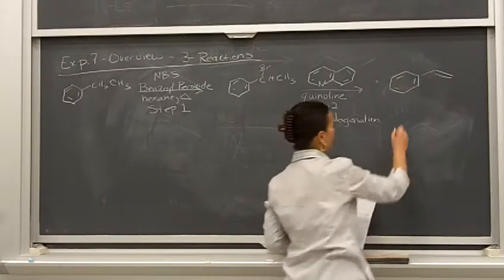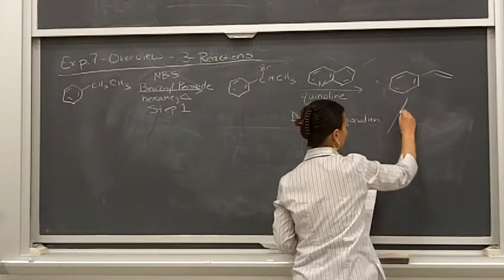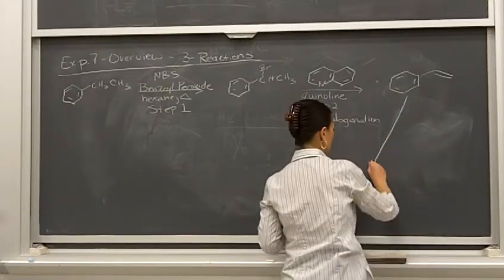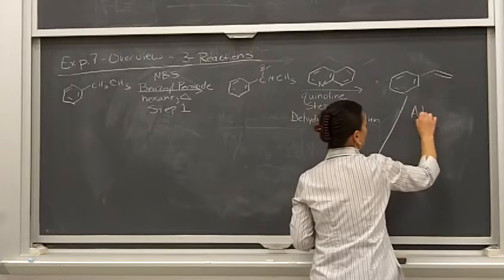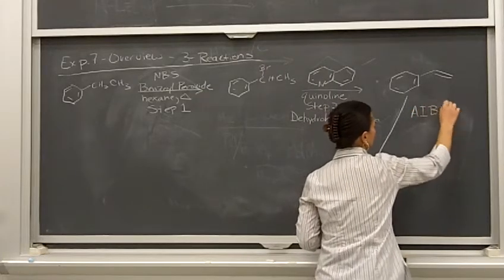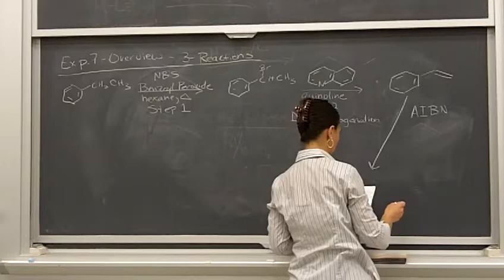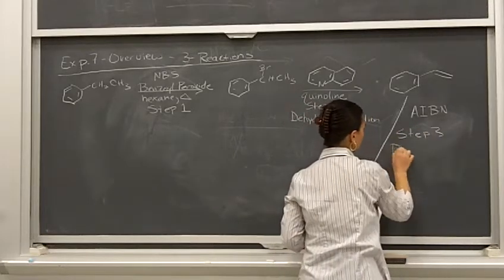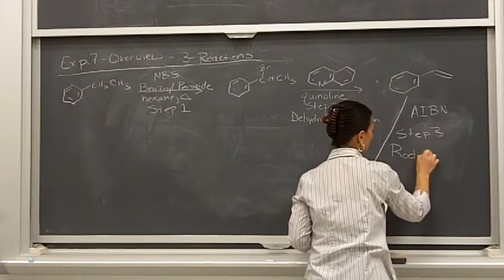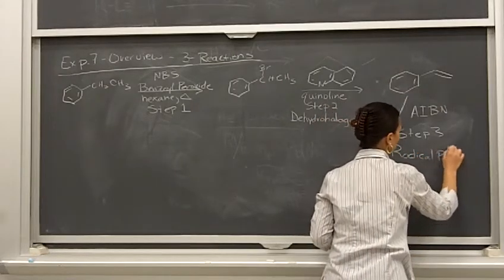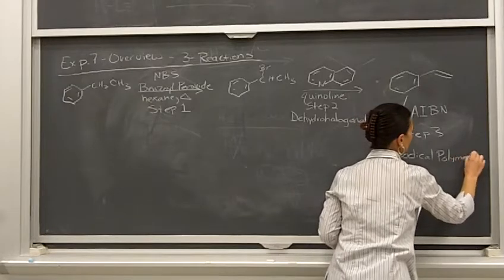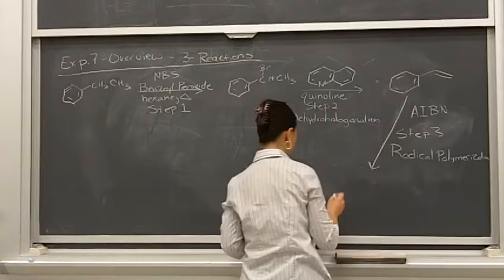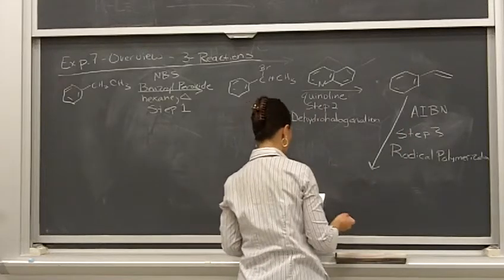And so what we form is we're going to form styrene, all right? And then we're going to take that on, and draw this down here. Use what's called AIBN. I'll show you that here in a second. For step 3, and this is a radical polymerization. And so then what we are going to form from this is our polystyrene.